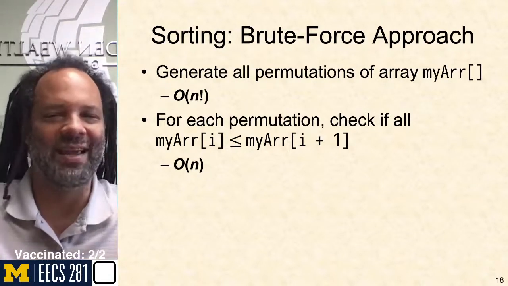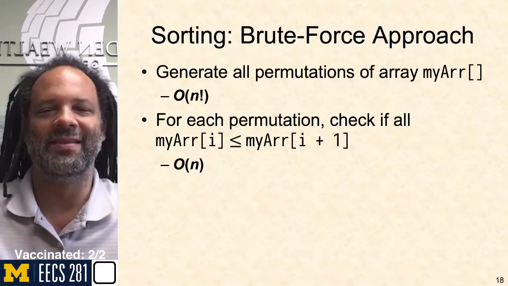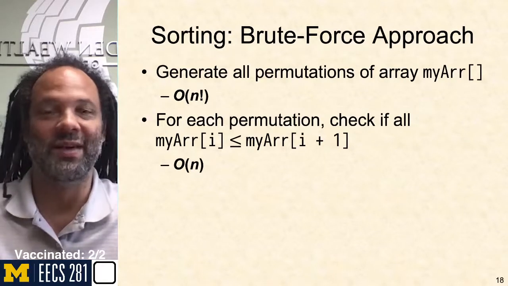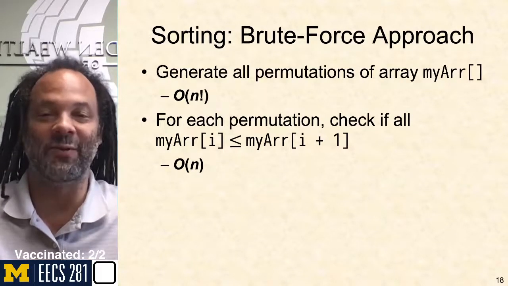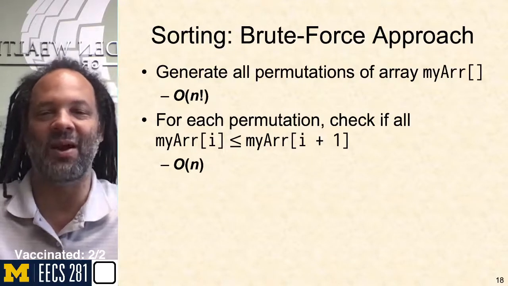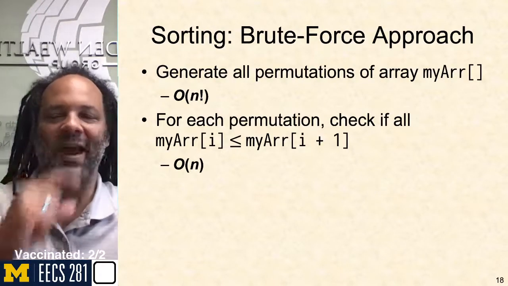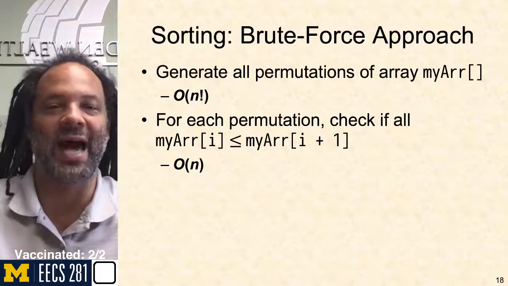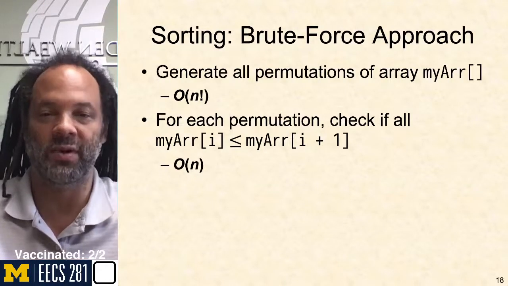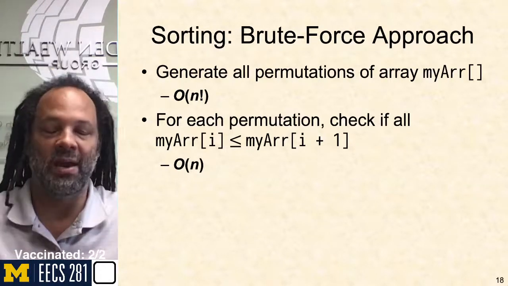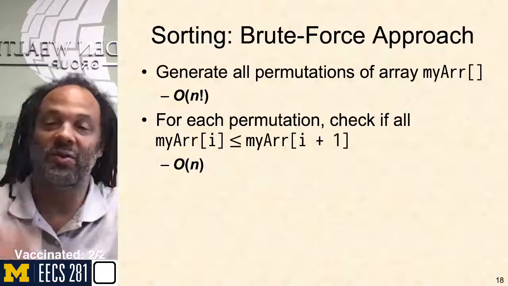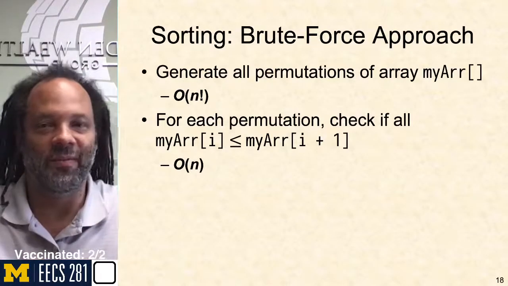Even if we never had 2 shots at it coming up the same way for 2 different throws, if we were guaranteed that it came up a different way every time the monkey threw it up in the air, we would still take n factorial hits to make sure that we got a sort using brute force. We would just keep throwing them up in the air. Is this your sort? Nope. Is this your sort? Nope. Is this your sort? Nope.